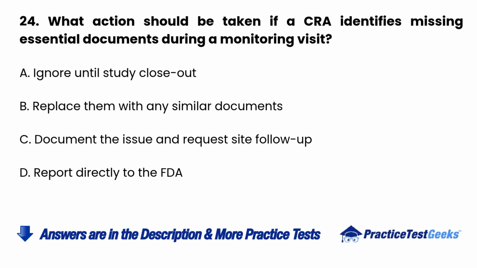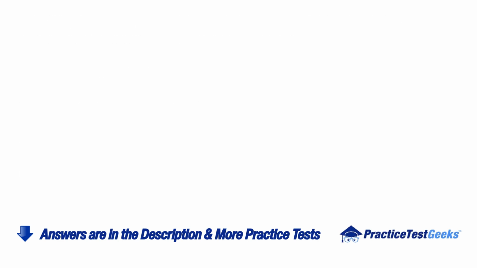What action should be taken if a CRA identifies missing essential documents during a monitoring visit? A. Ignore until study closeout. B. Replace them with any similar documents. C. Document the issue and request site follow-up. D. Report directly to the FDA.